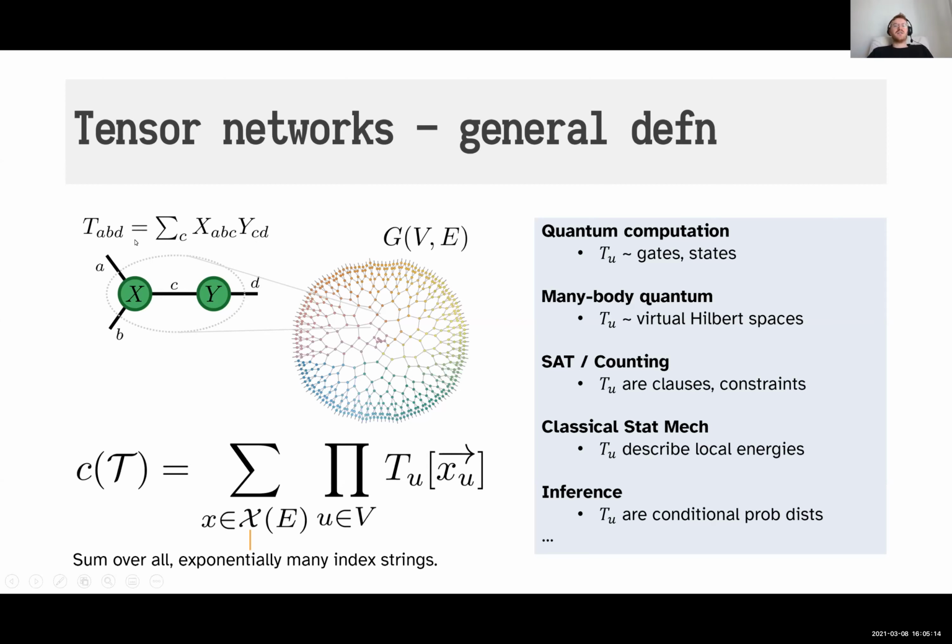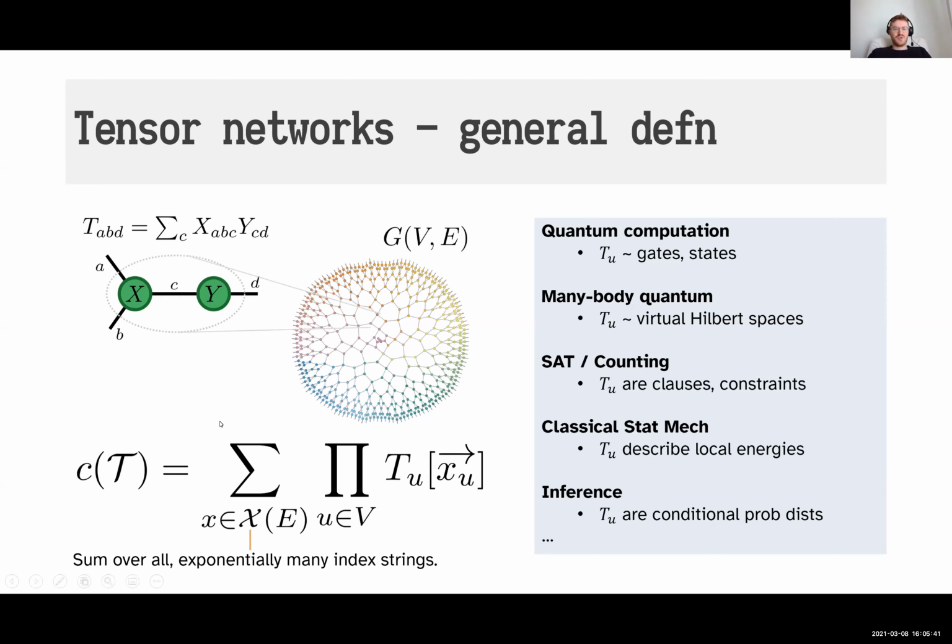So, by summing over indices, you can create edges and vertices and embed this in some potentially much larger graph G. And while this seems like a trivial thing to write down graphically, as soon as you get to these incredibly large objects, you're representing exponentially complex sums or overall objects.